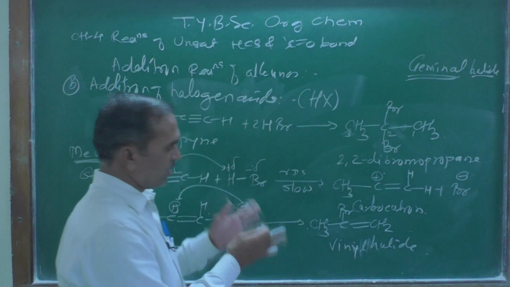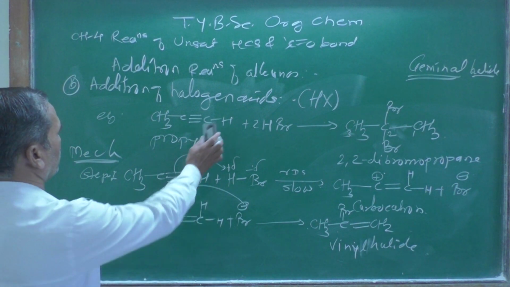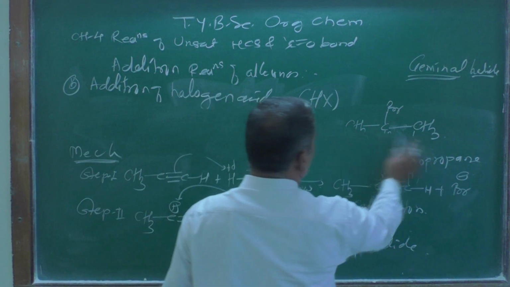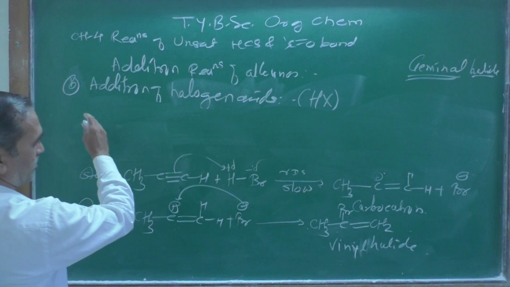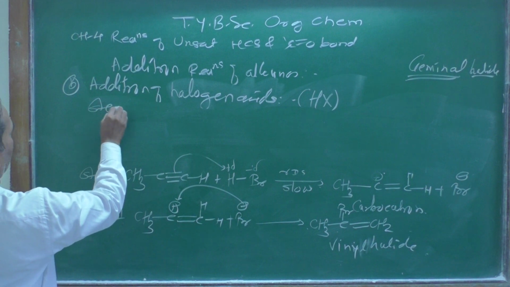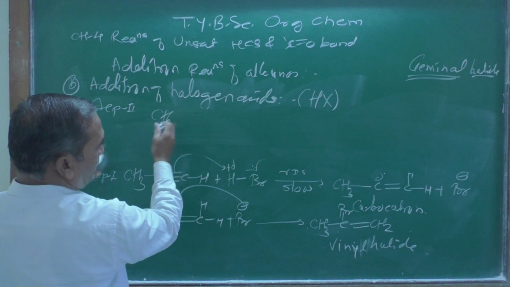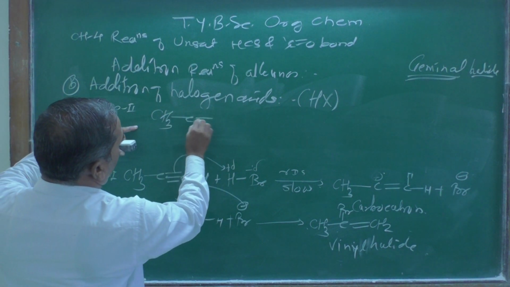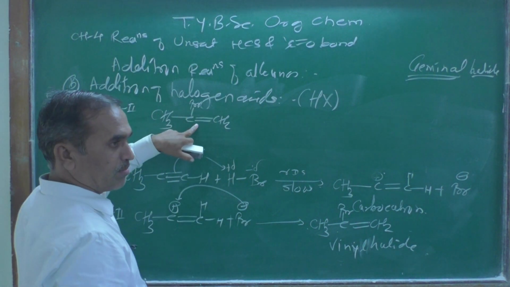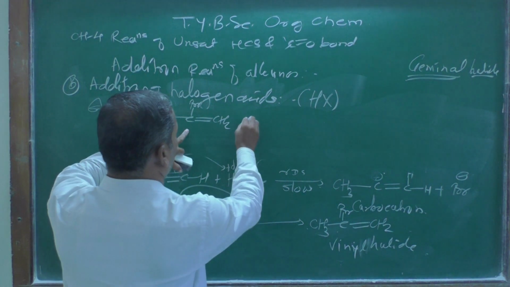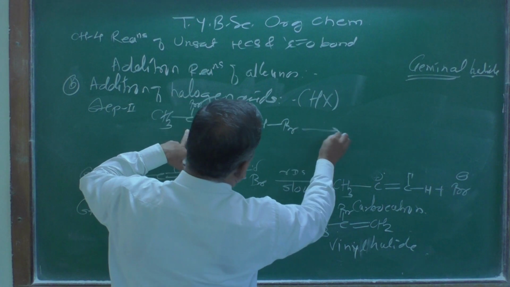The vinyl halide further consumes another mole of HBr, and we are going to get the product. Let us see over here. Here, step number third. Now here CH3, then C double bond, CH2, Br. There is still a carbon-carbon double bond, meaning this compound is unsaturated in nature, and it is then treated with another molecule of hydrogen bromide.